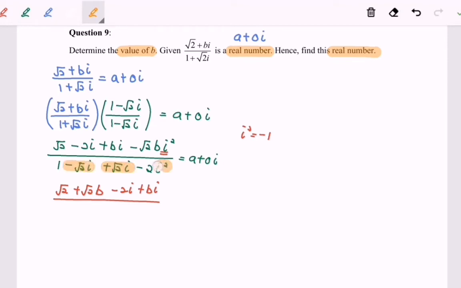And if we substitute i² with negative 1, we will have 1 + 2 equals a + 0i. So next, I'm going to cross multiply. So for the left hand side, we will have (√2 + b√2) + (b − 2)i equals 3a + 0i.